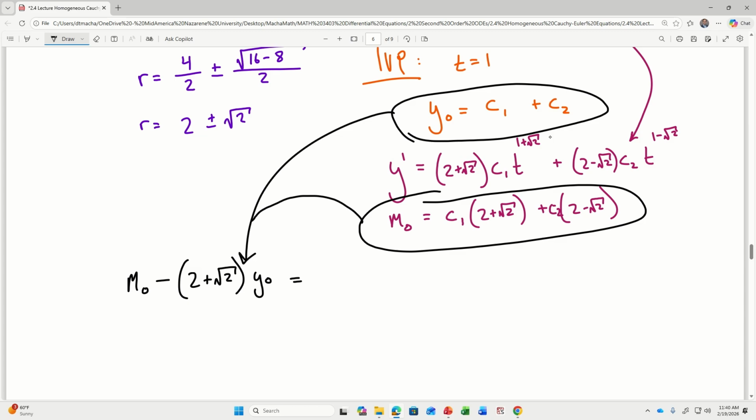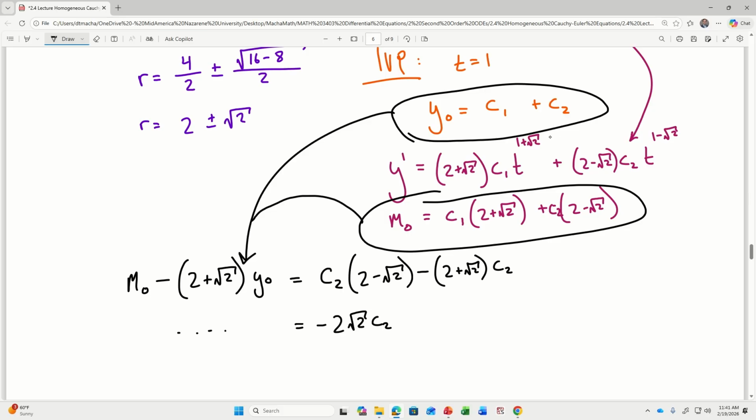The C1s cancel out completely, and I am left with C2 times 2 minus square root of 2 minus 2 plus square root of 2 times C2. And so the 2's cancel because there's a positive 2 and there's a negative 2. And then there's negative 2 square root 2 C2 left over.